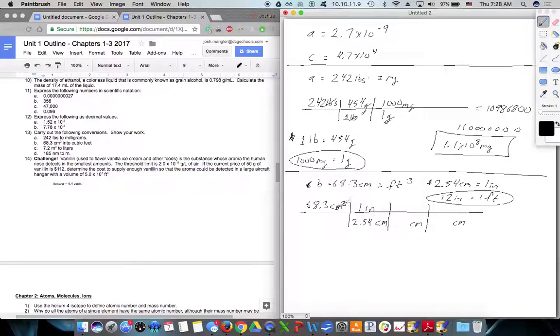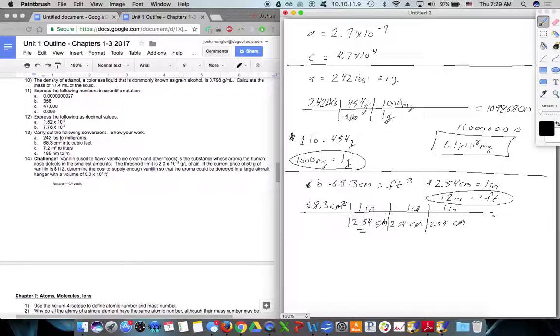And so that cancels out centimeter cubed, 1, 2, 3. So 2.54, 2.54, 1 inch, 1 inch. I'm going to get to inches and then go back the other direction to the feet. Now, you can go ahead and put a cubed here, but you have to remember to cube that number, which when it's a label, it seems like you shouldn't have to do that. But when you're converting out of something, you do.